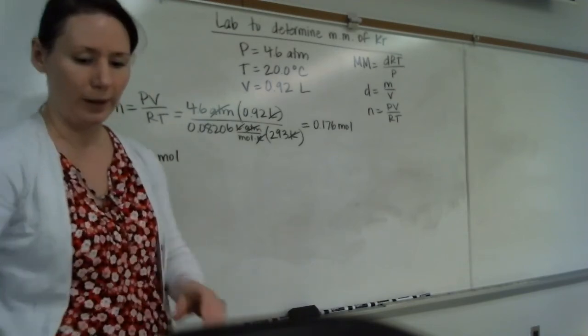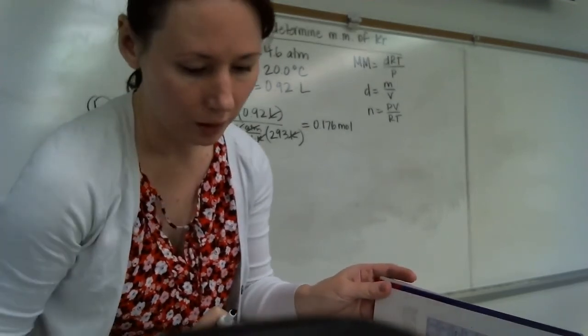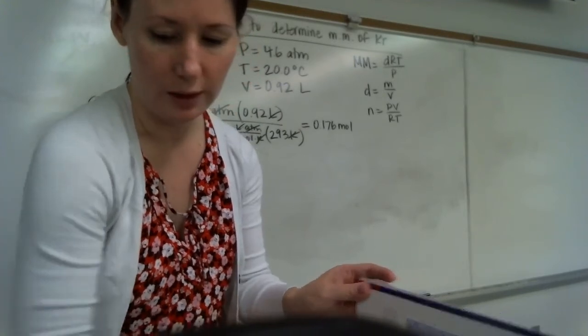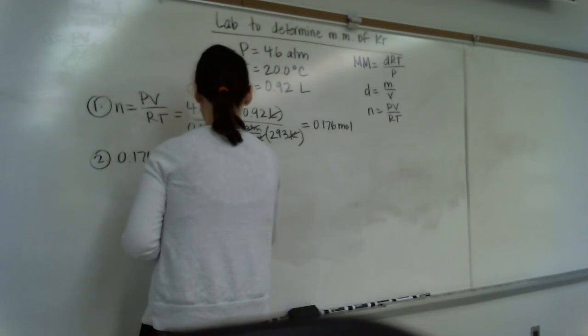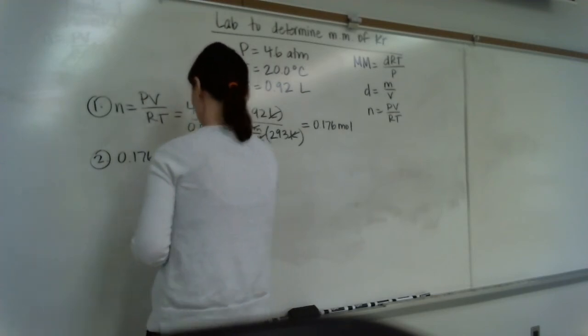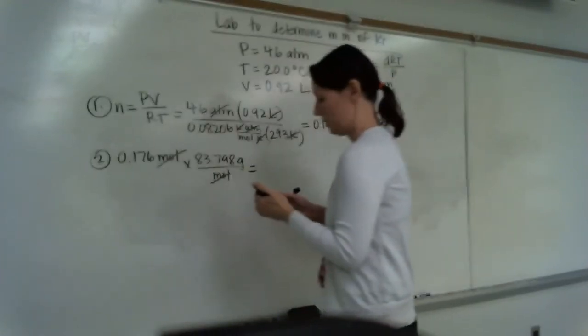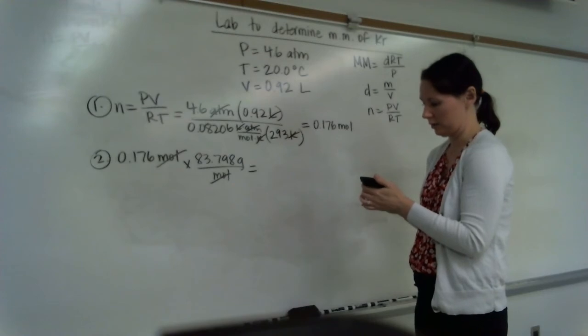So the molar mass of krypton is what? 83.798 grams per mole. So times 83.798.